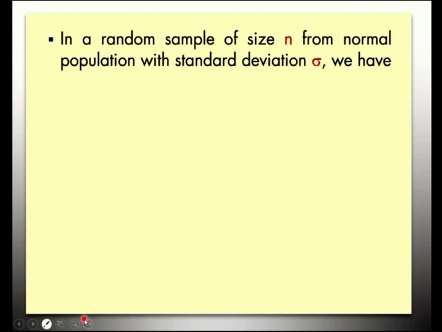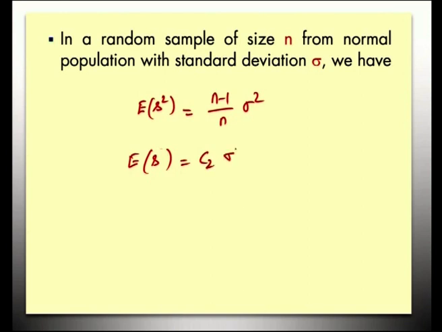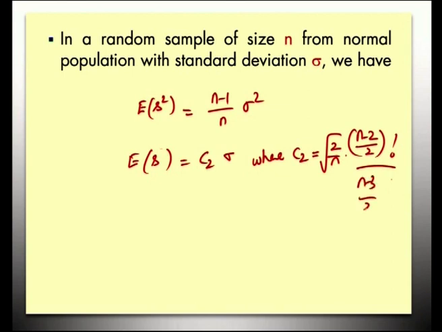from a normal distribution with standard deviation sigma, we have expectation of S square is always equal to (n minus 1) by n into sigma square. So, expectation of S is equal to C2 sigma, where C2 is equal to root of 2 by n into factorial of (n minus 2) by 2 divided by factorial of (n minus 3) by 2.